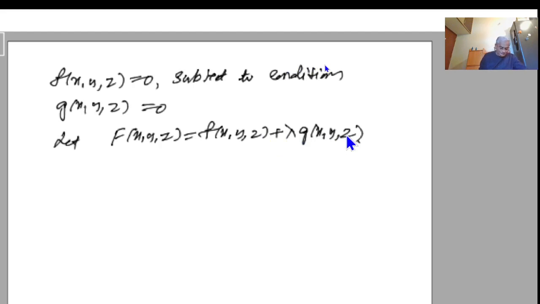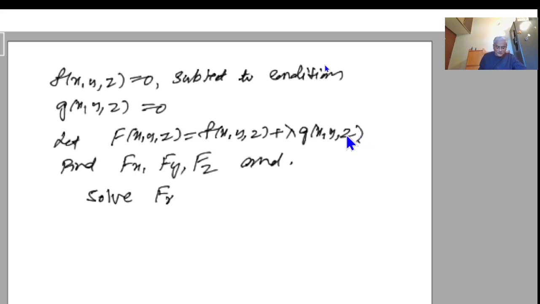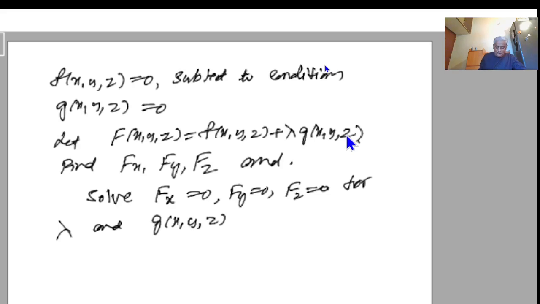The method is to find Fx, Fy, Fz and solve Fx equal to 0, Fy equal to 0, Fz equal to 0 for lambda, and this constraint g of x comma y comma z equal to 0 to find the point x, y, z.